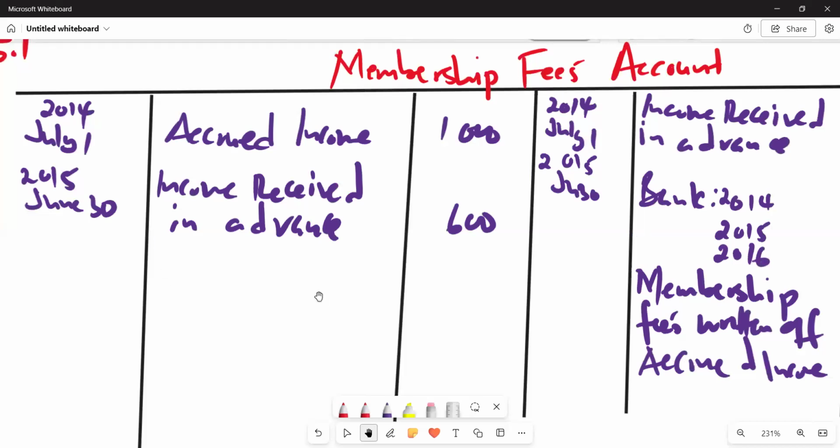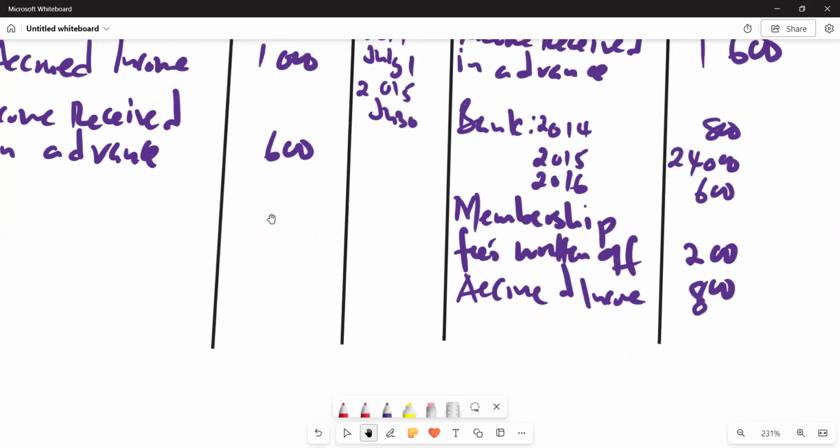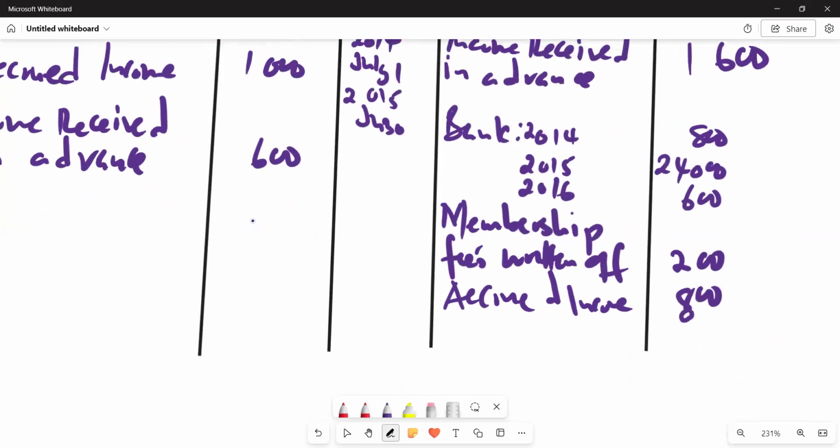So what are we saying? The balance that we are going to find there, we are supposed to transfer it to the income and expenditure account, whether it's on the credit or debit. If you add the totals of the debit and credit, you're going to see that the credit side has the greater total, with 28,000 being the total. So this is the one that is going to come in between the double lines.